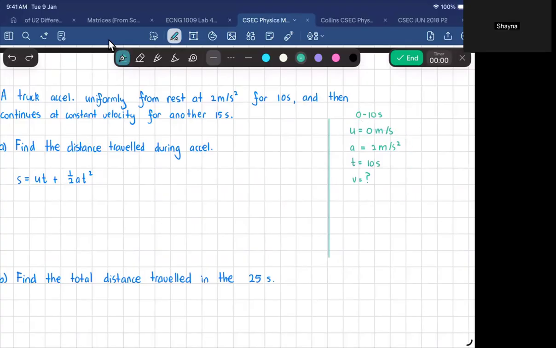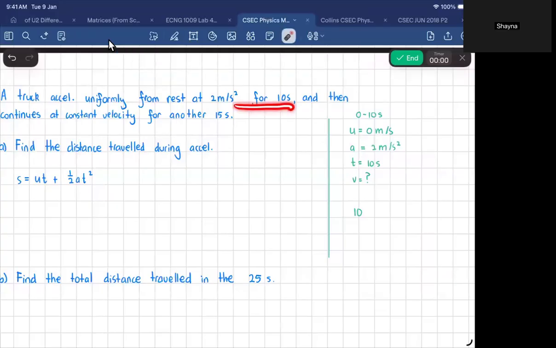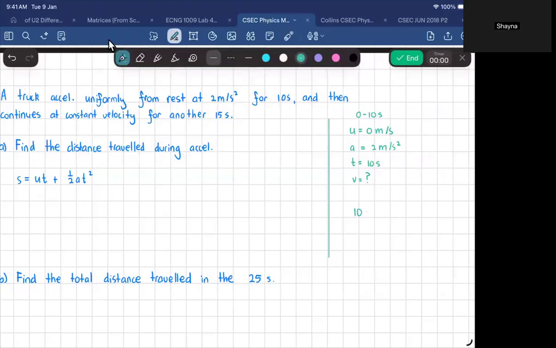If the truck continues driving for another 15 seconds, the other time period would be from what to what? Not 10 to 15. It said another 15 seconds, so if this is for 10 seconds, another 15 seconds would carry it to 25 seconds. You sure you understand that?